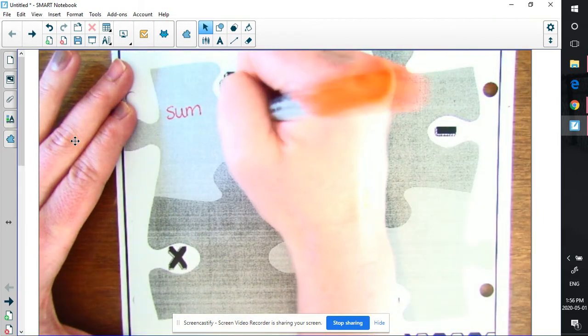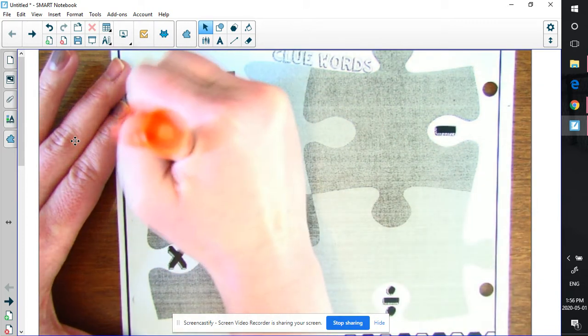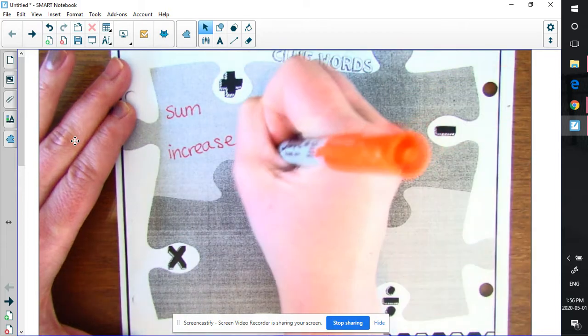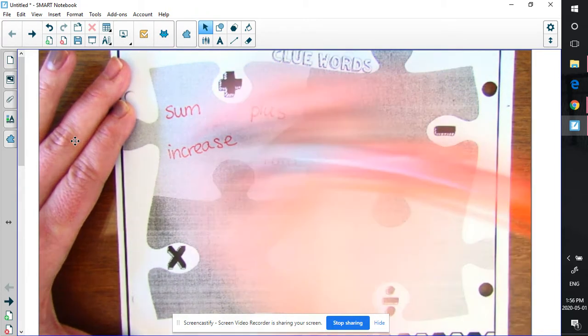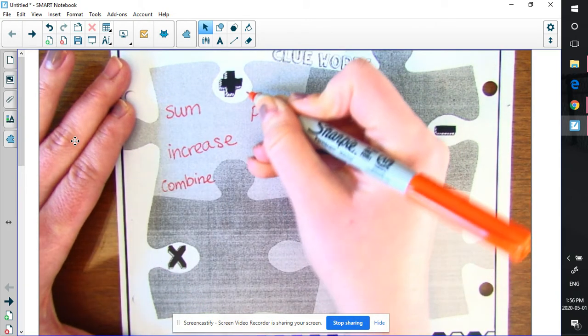It might say plus. It might say increase, total, combine. All of those words would mean you're going to have an addition symbol.